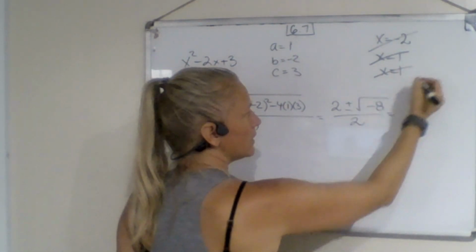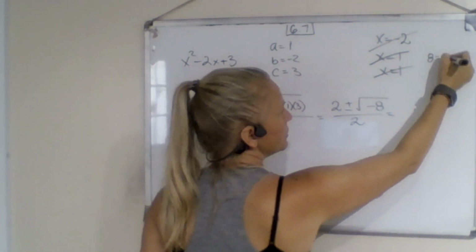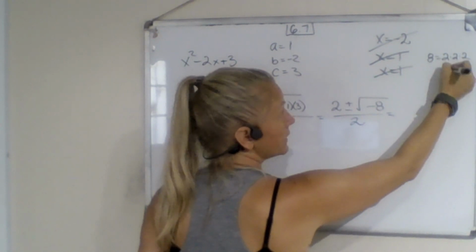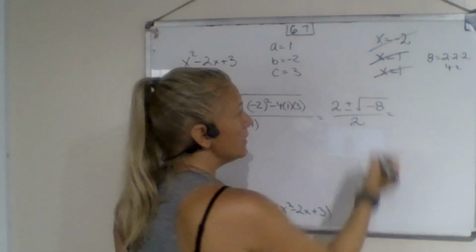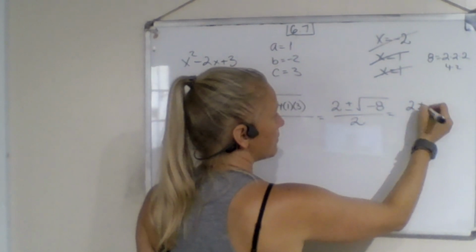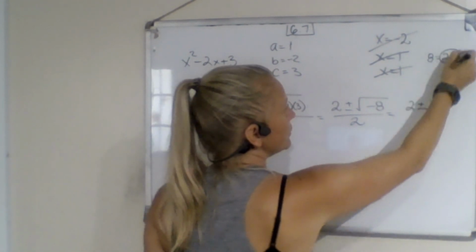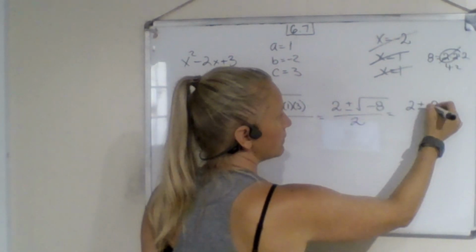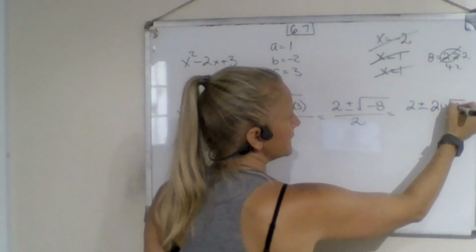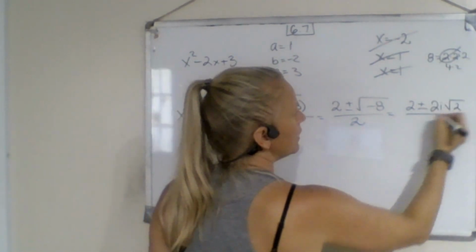Also, I can think of 8 as 2 times 2 times 2, or as 4 times 2, whatever helps you better. So this becomes 2 plus or minus. I have two 2's on that 8. 1 can come out. 1 stays in, right? That's the one I didn't cross out. All over 2.